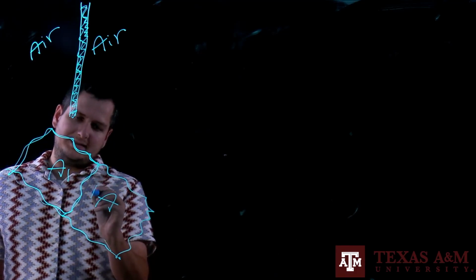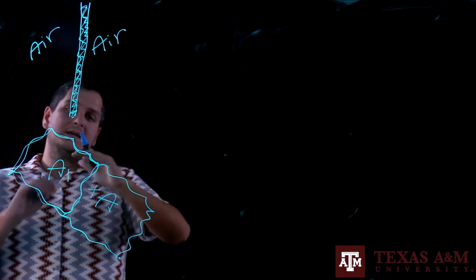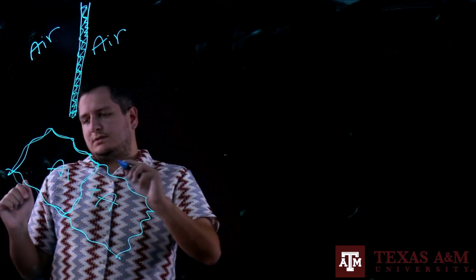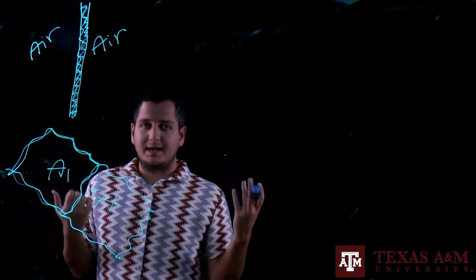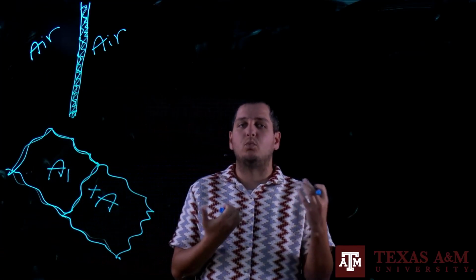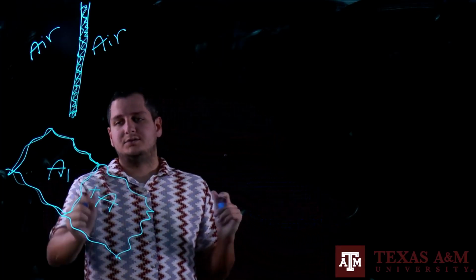And I want to add this area. This is like A2. So I want to expand, right? To do that, there's some energy cost, some work required to expand from A1 to A2, right?